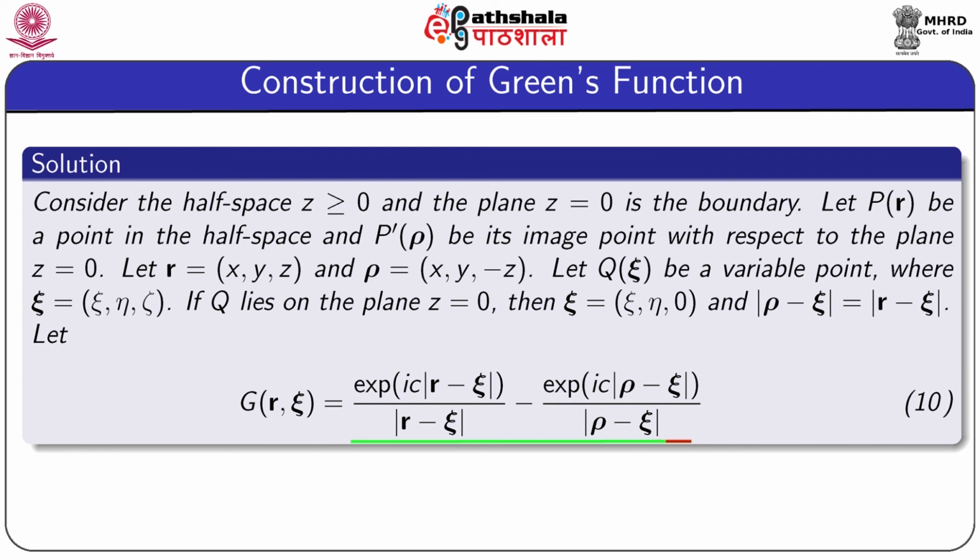So, on the boundary z equals 0, mod of rho minus xi equals mod of r minus xi. So, the value of g becomes 0 on z equals 0.